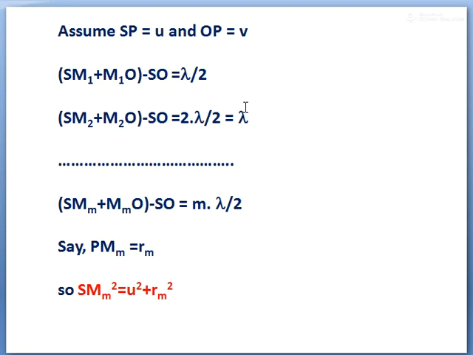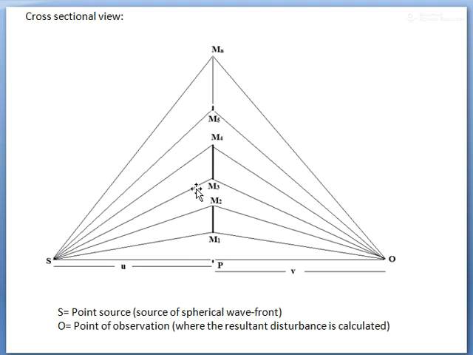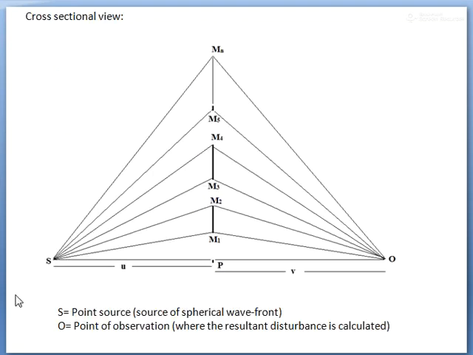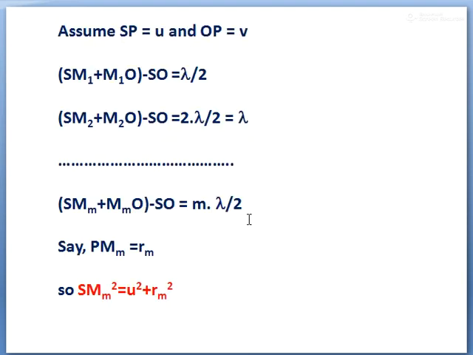Similarly, SM2 plus M2O minus SO must equal twice lambda by 2, so 2 lambda. Proceeding in this way, SMn plus MnO minus SO equals n lambda by 2.